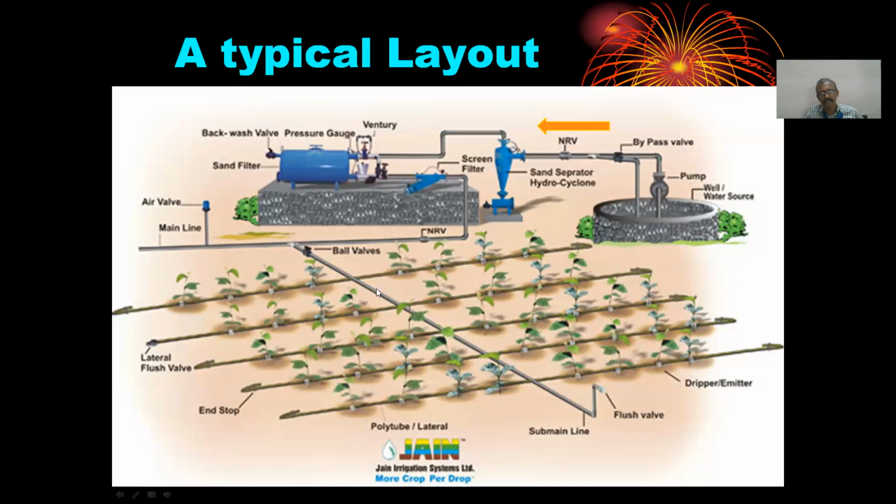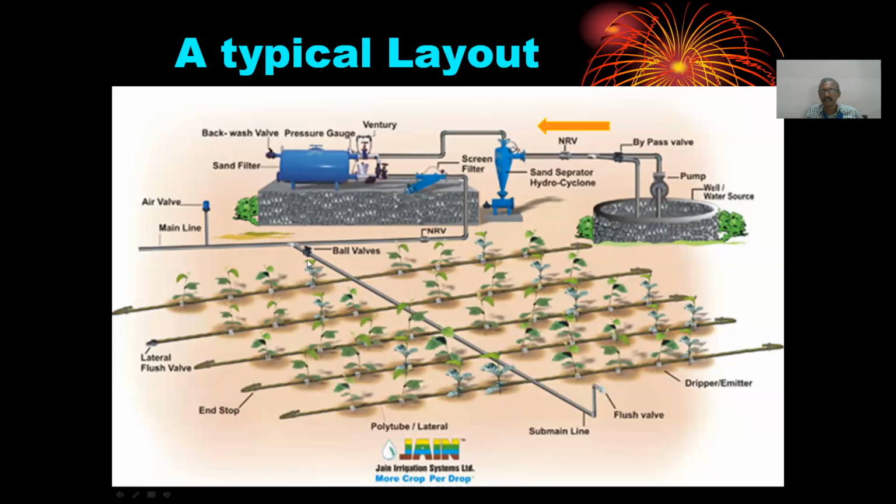When the vacuum gets created, air will get in immediately through the air valve. When air is able to come through this and fill the vacuum, there is not much reason for the atmospheric air to get into the drippers and the lateral pipes. So that's one advantage of the air valve.